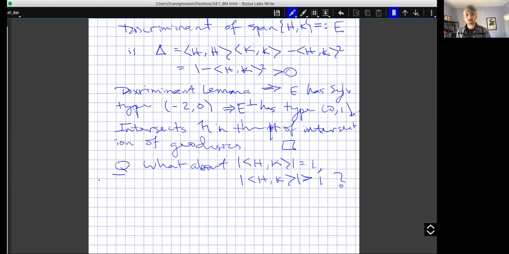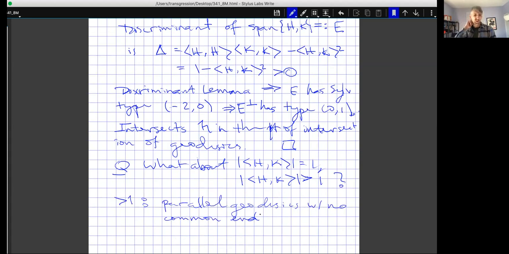When they're greater than 1, these are just parallel geodesics. But I'll put a modifier here: with no common end.